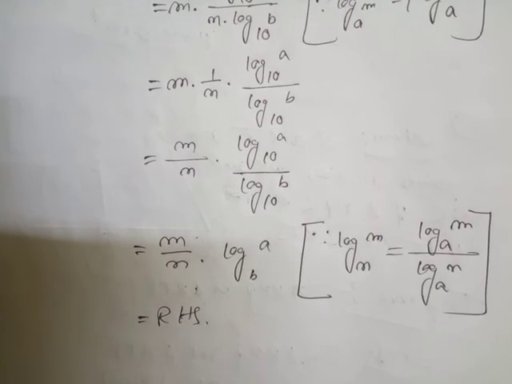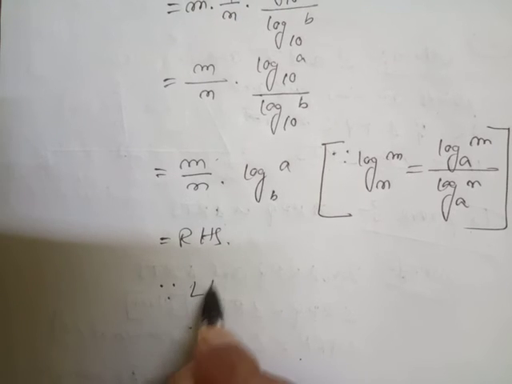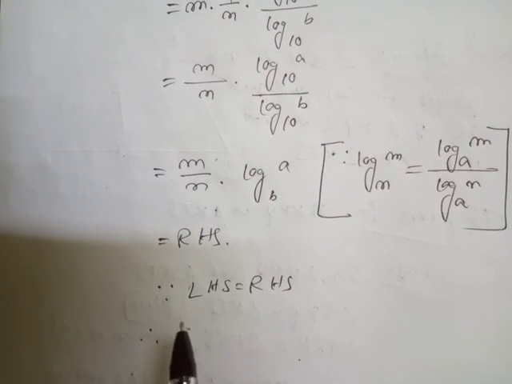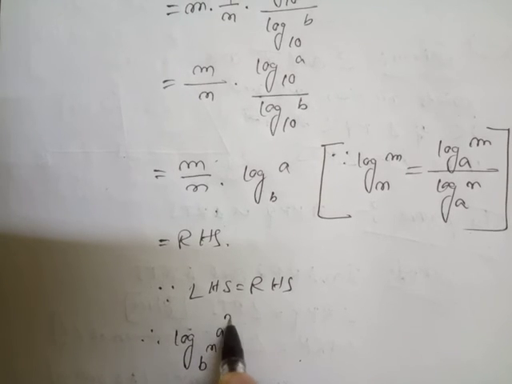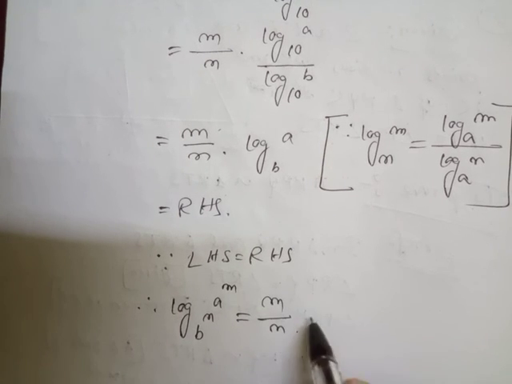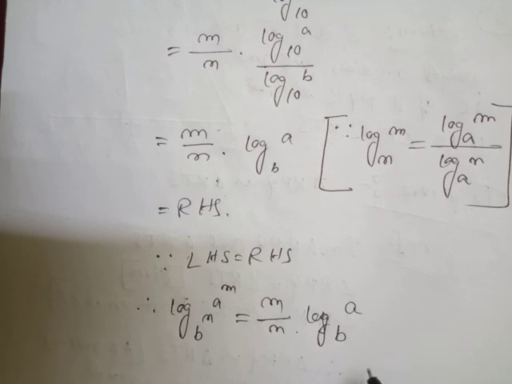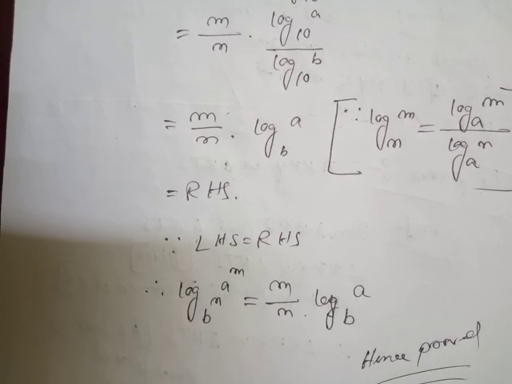The last line will be: since LHS equals RHS, therefore log base b^n of a^m equals m by n log base b of a. Hence proved, or showed, whatever. This is 5a, over.